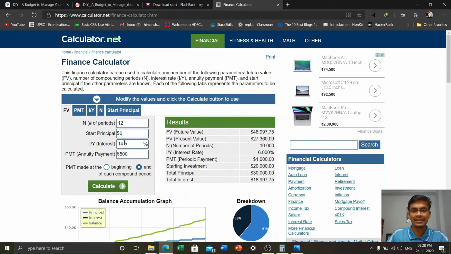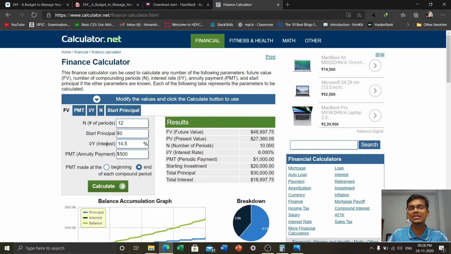14.5%. I'm putting this 14.5% here because the stocks of various companies' mutual funds, the top 9 to 10 companies' mutual funds, average to around 14 to 15%. I calculated them, and I'm putting the average rate of 14.5%. Also there's one more thing here.